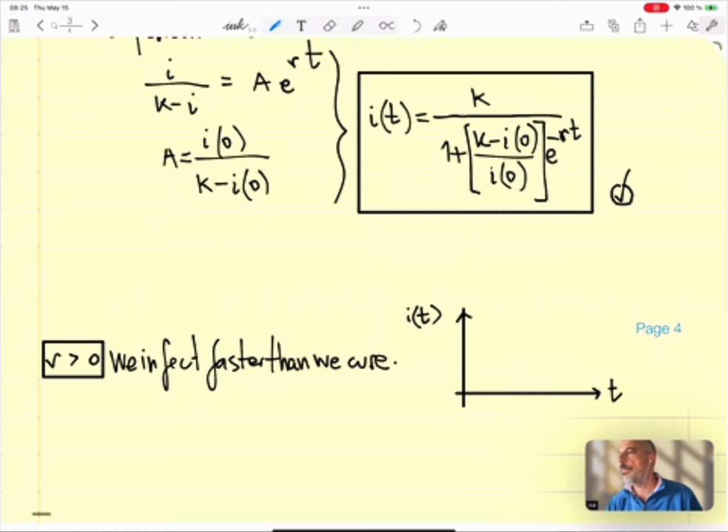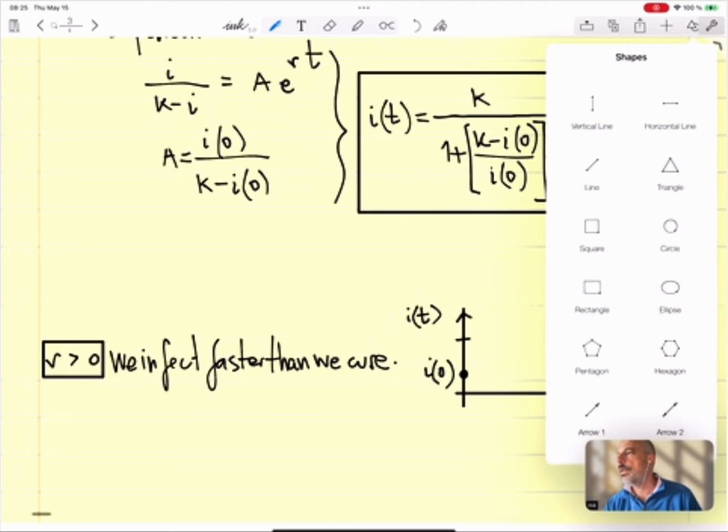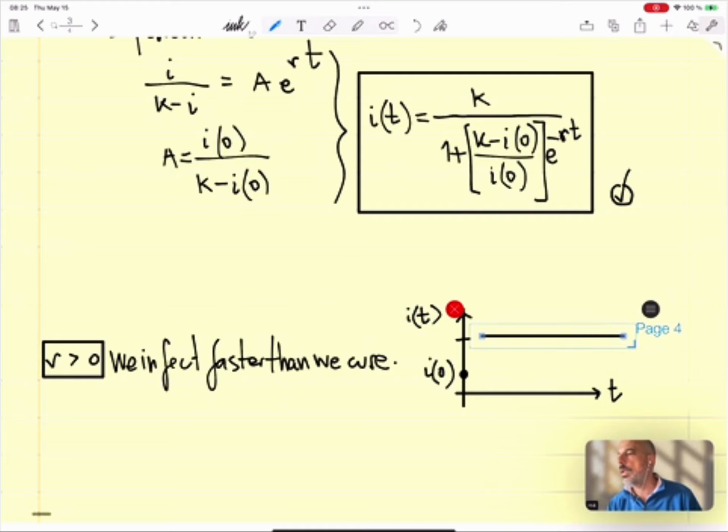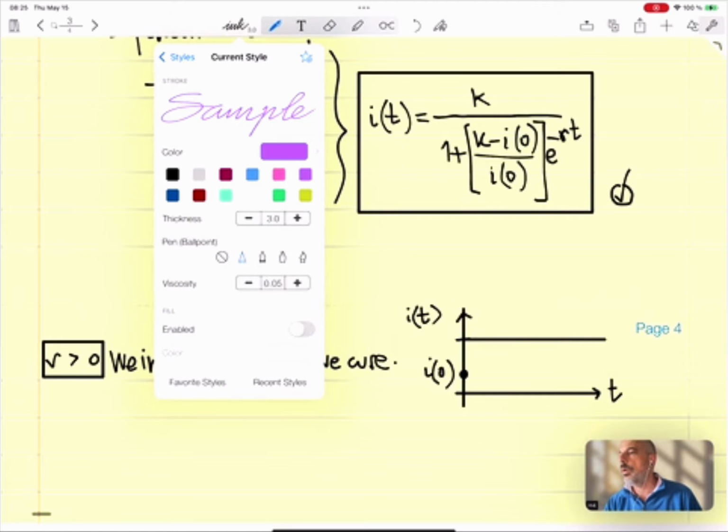The system behaves like this. We have an initial condition, I at t0, and this is k, the asymptotic value that we are going to approach in time.